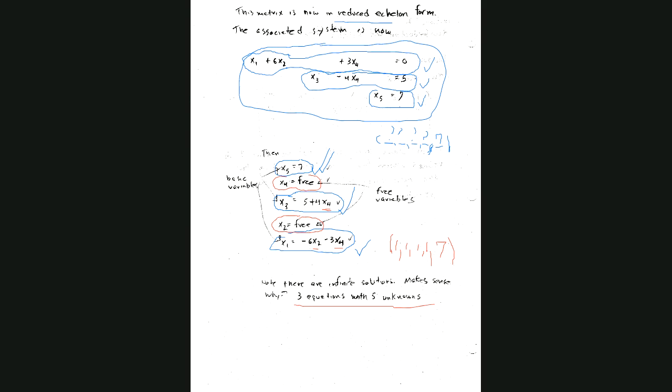Suppose somebody asks you, "Hey, is 1, 1, 1, 1, 7 a solution?" That's right. If there are more variables than equations, there will be infinite solutions. Very good. Is 1, 1, 1, 1, 7 a solution? Why not? You're right. That's not a solution.